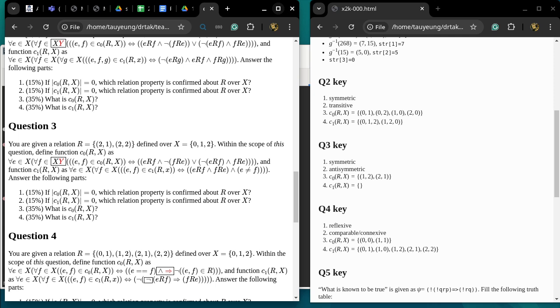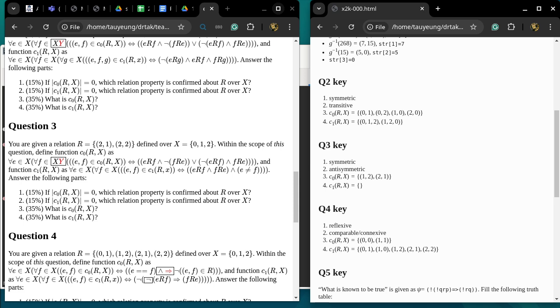In other words, I'm looking for a case where ERF is true, which means EF is in the relation, FE is also in the relation, but E does not equal F. So that would make it not anti-symmetric because anti-symmetric means whenever we have ERF and FRE, E and F must be the same. This is looking for exactly the opposite. So that's why, if C0 returns an empty set, then the relation R is anti-symmetric.